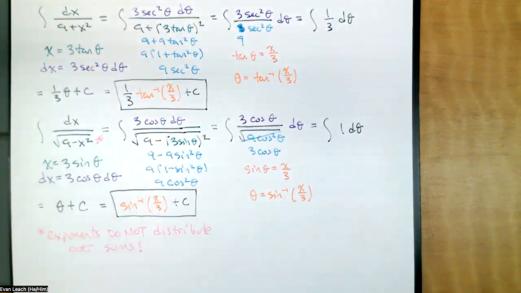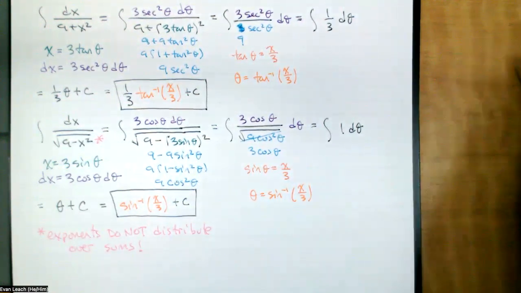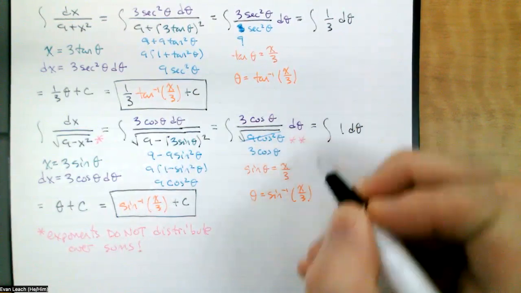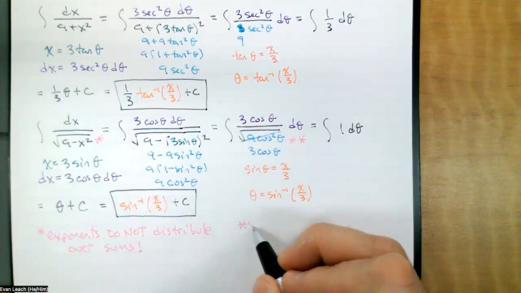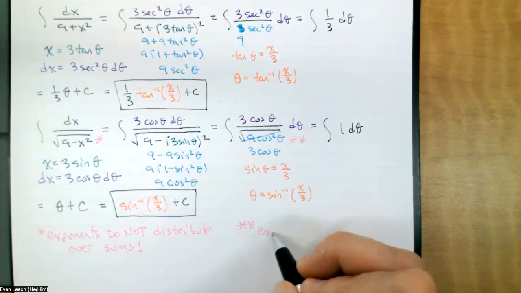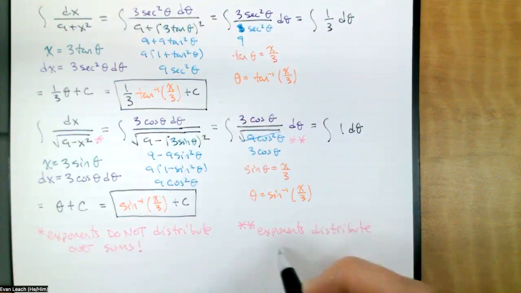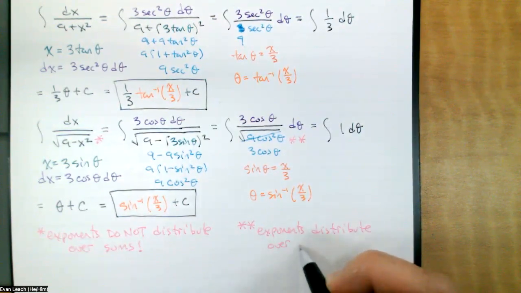But if we can do our trigonometric substitution bit and combine those two terms into one term, then we're over here. Exponents distribute over products.